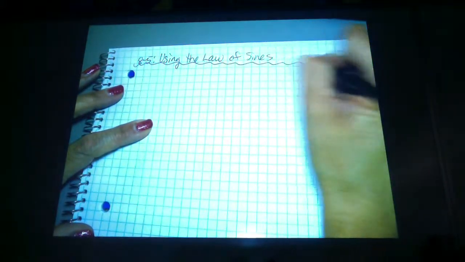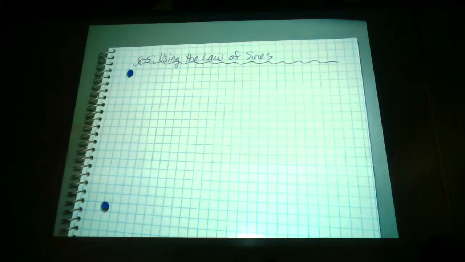Now we've been using sine, cosine, and tangent to find missing parts of right triangles, but sometimes we need to find missing parts of non-right triangles.